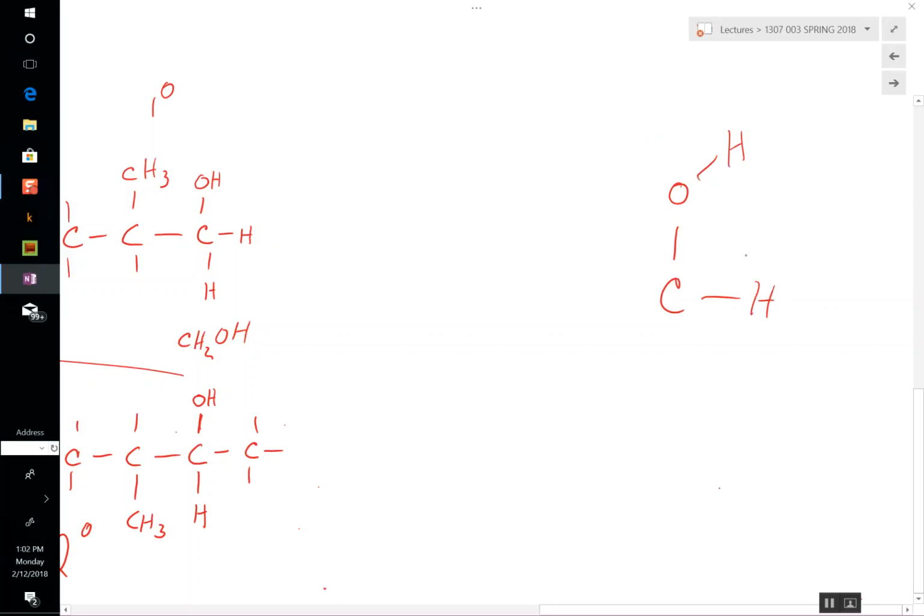The hydrogens add across the double bond. One goes to the oxygen, one goes to the carbon. And it's the same way that happens with hydrogenation. One goes to each of the carbons that made up the double bond. They both don't go to the same carbon. They divide up, one to each of those atoms.